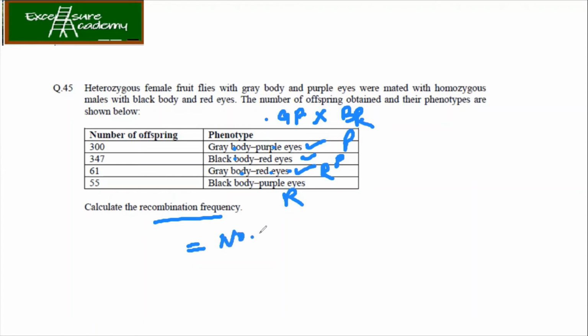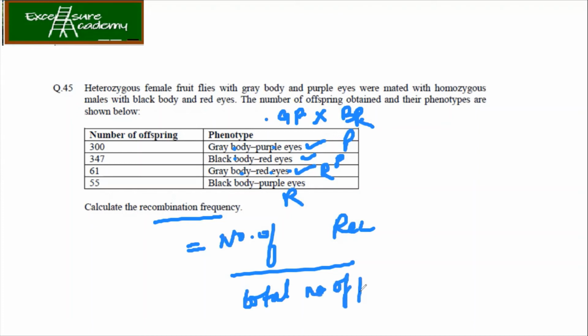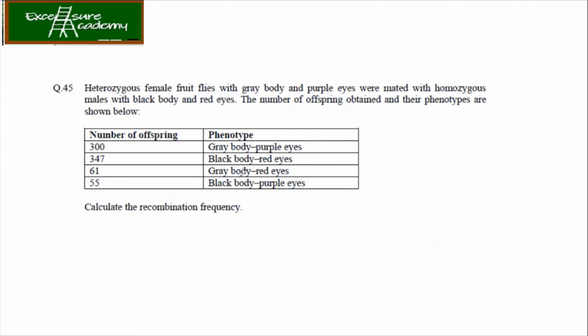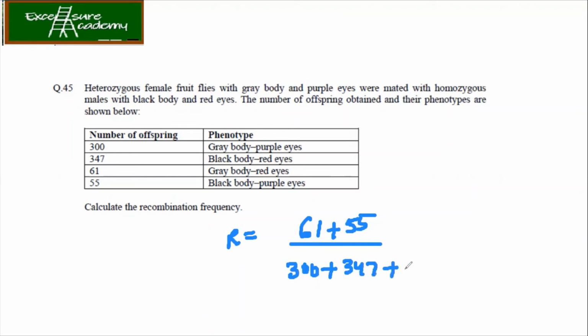So recombination frequency is equal to number of recombinants divided by total number of progeny into 100. Okay, so now what we have over here, the number of recombinants. So R is equal to 61 plus 55 divided by total, that is 300 plus 347 plus 61 plus 55.